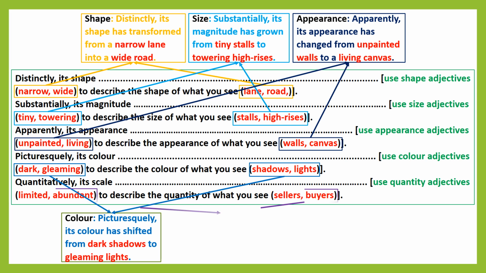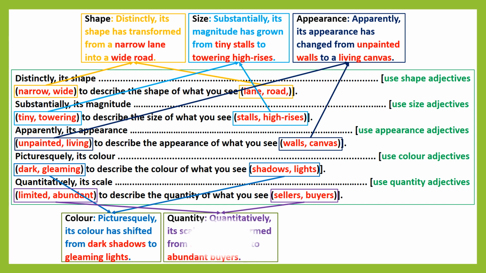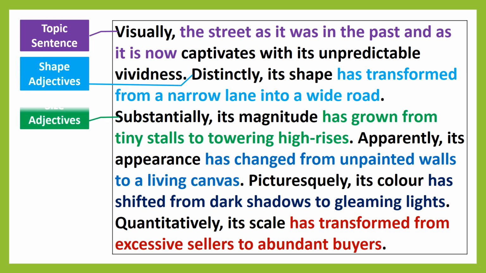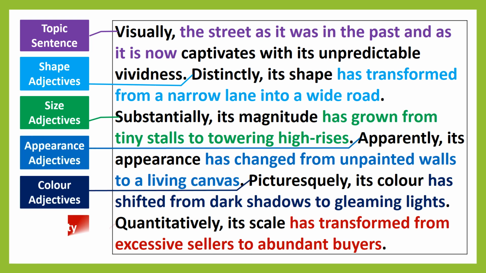Combine the quantity adjective limited with the noun sellers and abundant with buyers to describe the level of activity on the street. Your response to body paragraph 2 should be structured as follows. A topic sentence that addresses the topic of description. One descriptive sentence example for each of the adjective types: shape, size, appearance, color, and quantity.